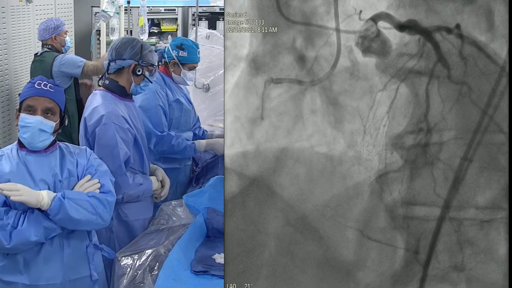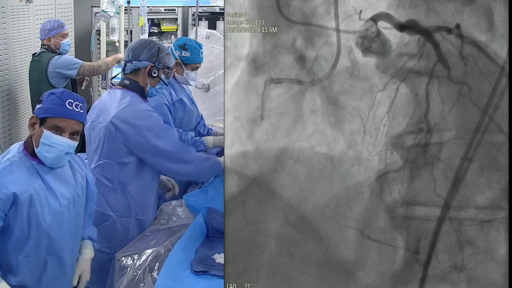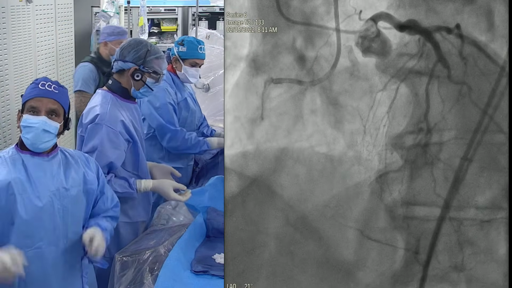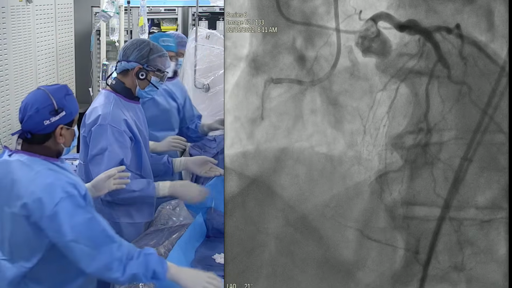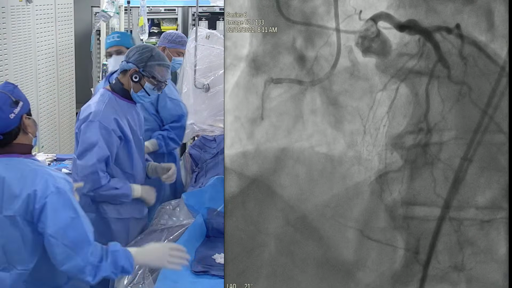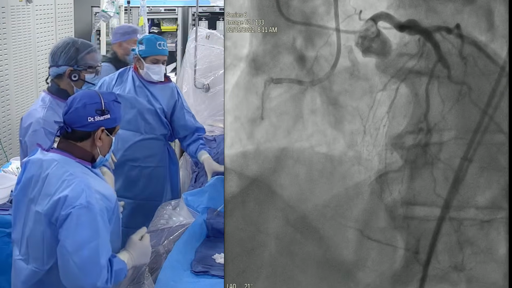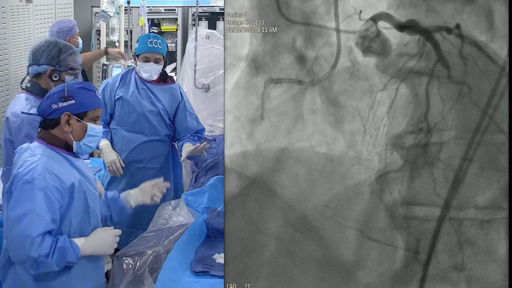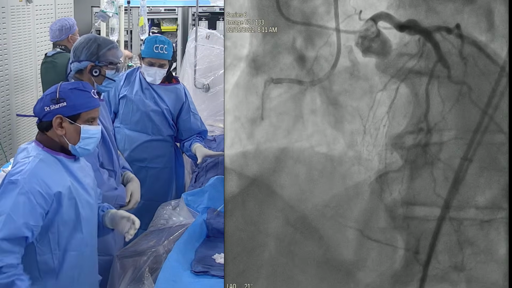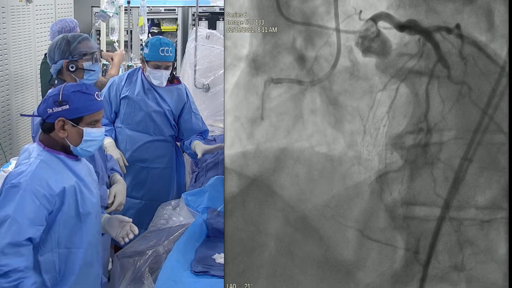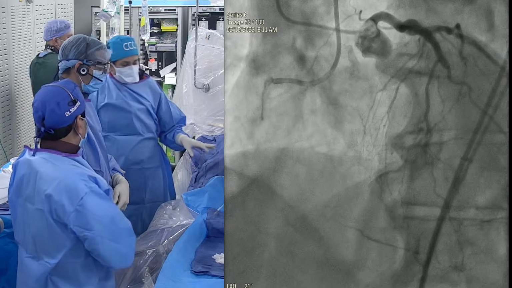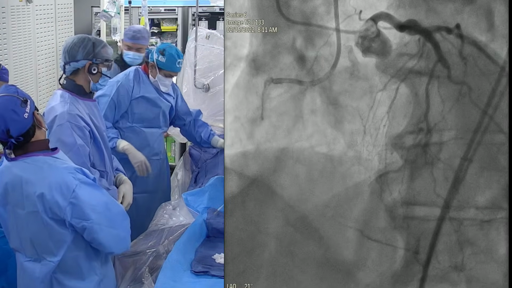The majority are femoral, about 40%, and about 30-40% is one femoral, one radial. So if we had to do this case, we'll do a left radial and right femoral. And other thing, we are with 6 French, but the majority of people will go to 7 French or 8 French when they're doing CTO. So when they have a large bore access, they may want to go groin for the larger access, and the other one they could go 6 French radial.